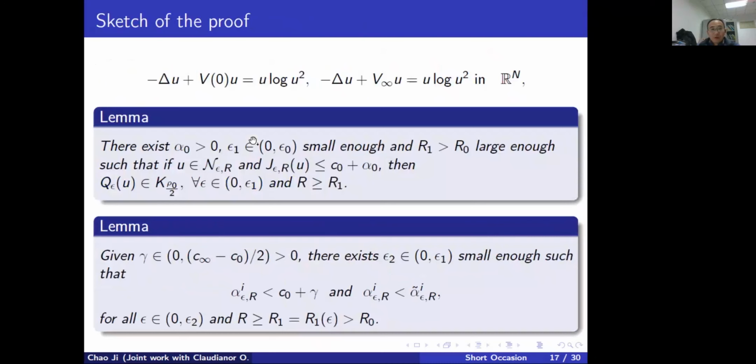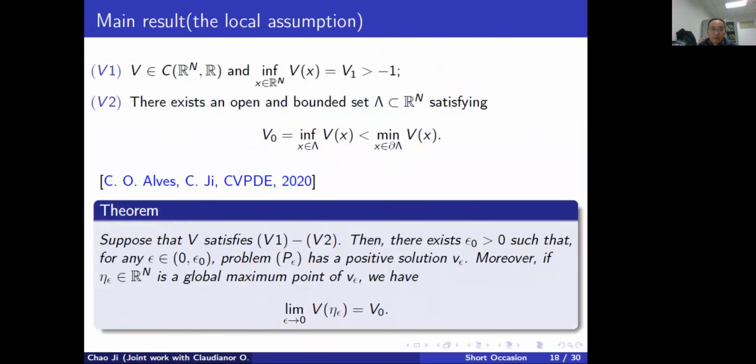Okay. The second result is the existence and concentration of the logarithmic Schrodinger equation when the potential satisfies a local assumption due to del Pino and Felmer. More precisely, V is a continuous function, and this holds: the infimum of V of x over Rn equals V1.